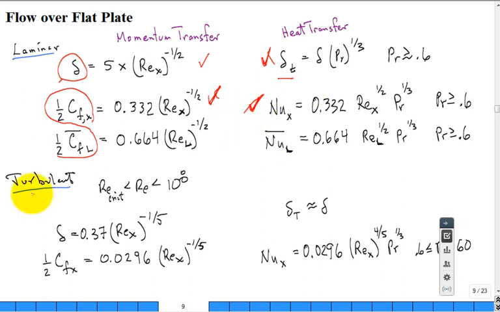If it's turbulent, you look at the structure, you curve fit, you find, well, in the turbulent region, this is the growth rate of the momentum boundary layer, and this is the skin friction coefficient. They curve fit or did a lot of calculations. How about for the thermal? Well, once you're well mixed, then the velocity profile and the thermal profile are the same thickness. It's turbulent. So there's kind of an obvious conclusion, but you have to think about it for a while. And then here is the empirical fit for the Nusselt number.